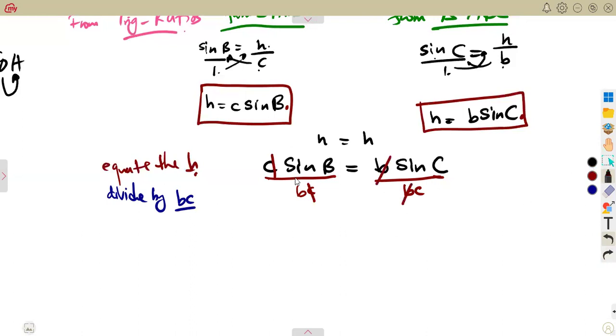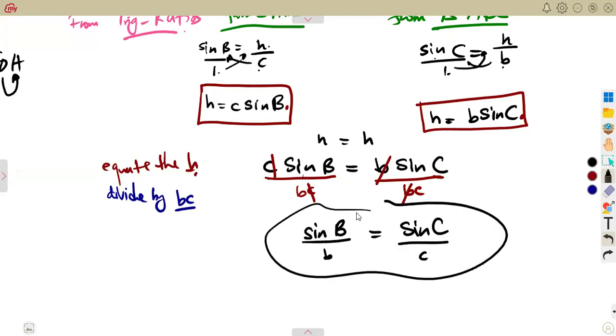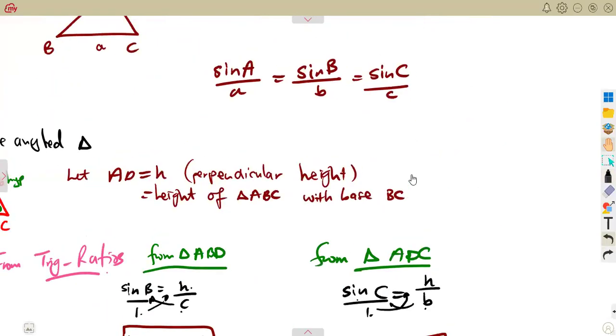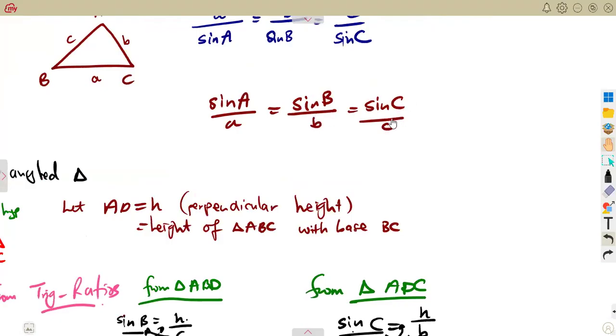That means you are remaining with the sine of B over B, which is equal to the sine of C over C. Guys, look what we've just obtained. This is exactly what we are seeing in this condition. Sine B over B is equal to sine C over C.